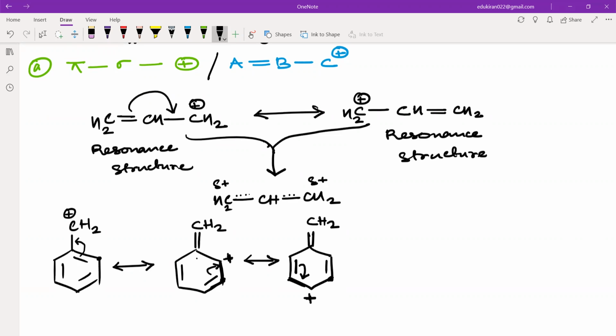So this will move here, with a double bond like this with CH2. The pi bond will be here and a positive charge here. Again, pi sigma positive. So this pi bond will move here.